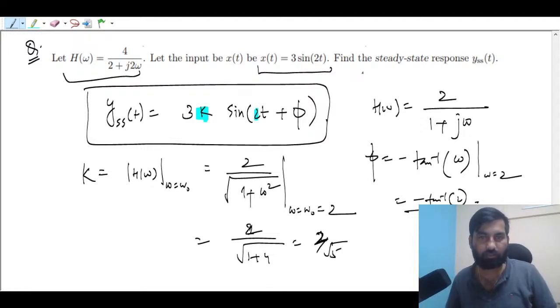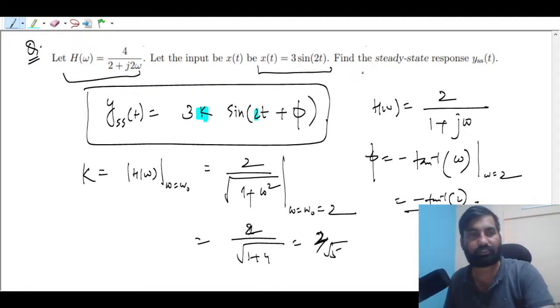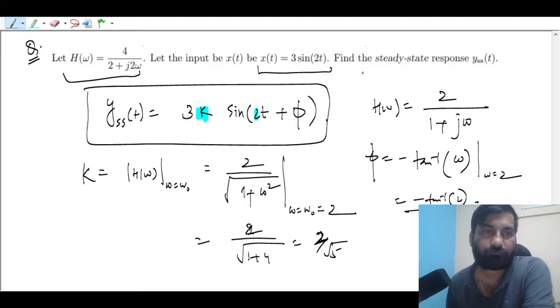Something is missing here. I think here you have to be a little careful, right? While finding the phase. Okay, so what we can do here is if you take 2 out, 4 by, that is fine.